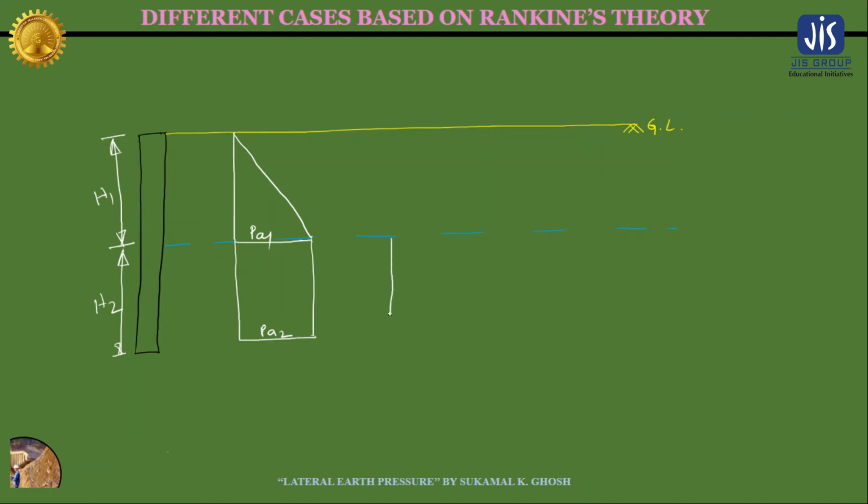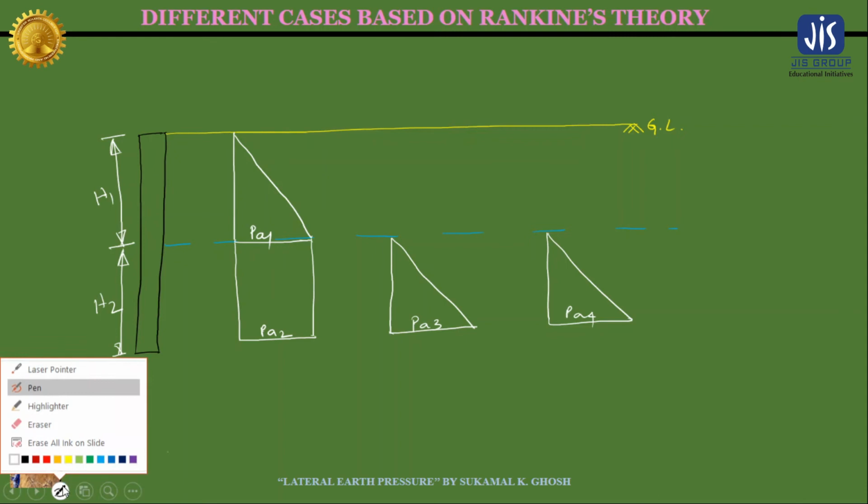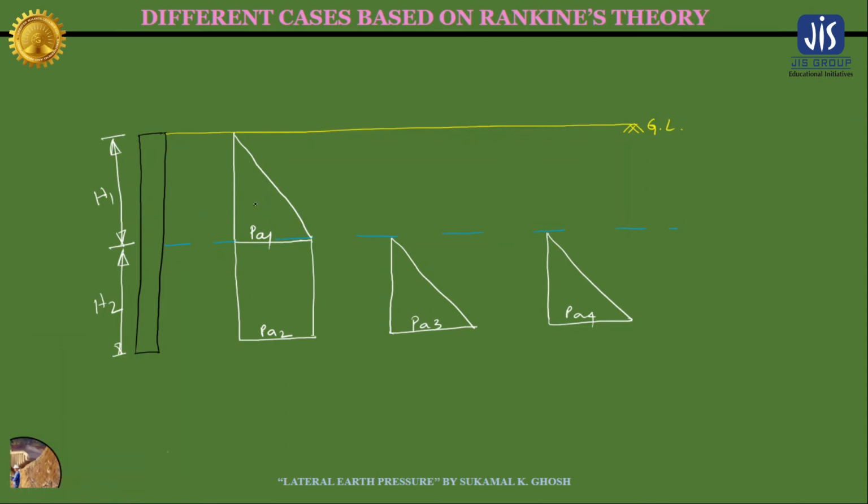Now this is PA3, and here will be PA4, okay. So the resultant force will act here, that is FA1.